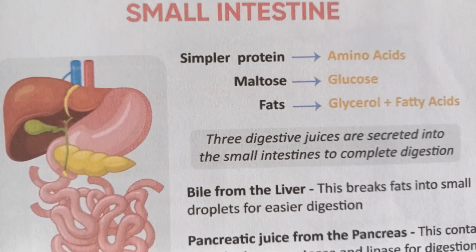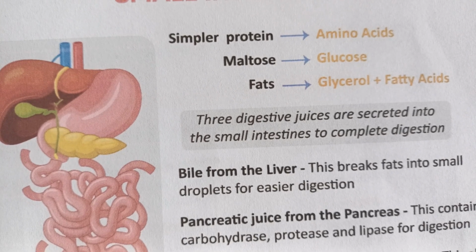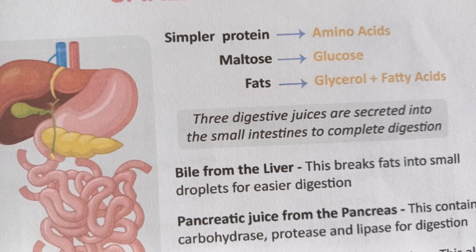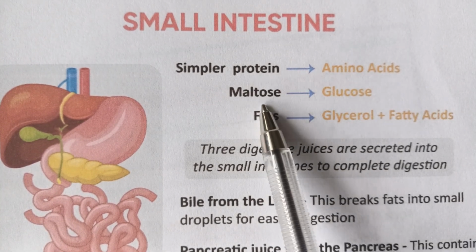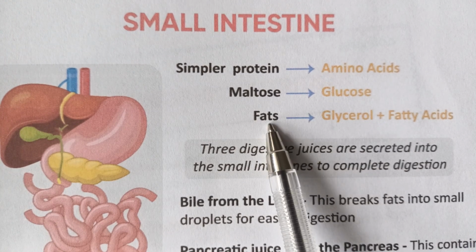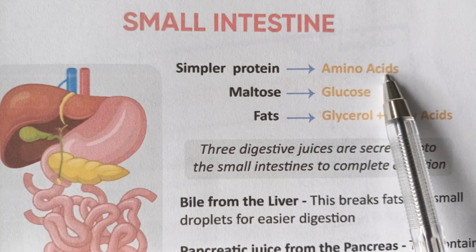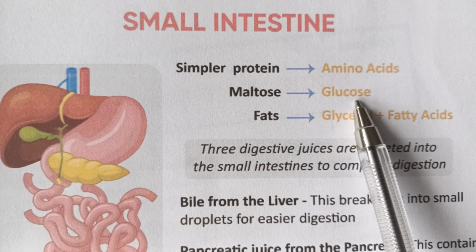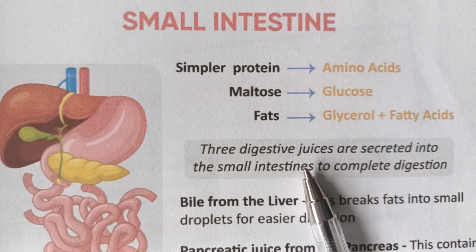The small intestine receives different digestive juices, and the digestion of carbohydrates, proteins, and fats takes place in the small intestine. So proteins are broken down into amino acids. Carbohydrates, complex sugars, are broken down into simple sugars like glucose, and fats are broken down into glycerol and fatty acids.